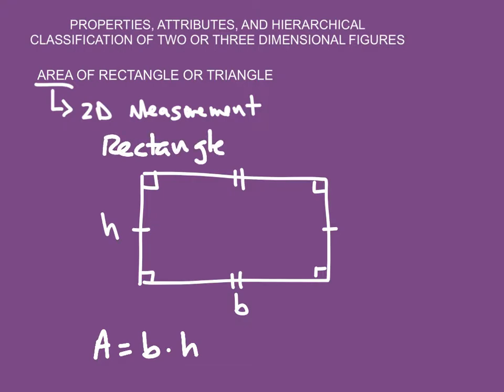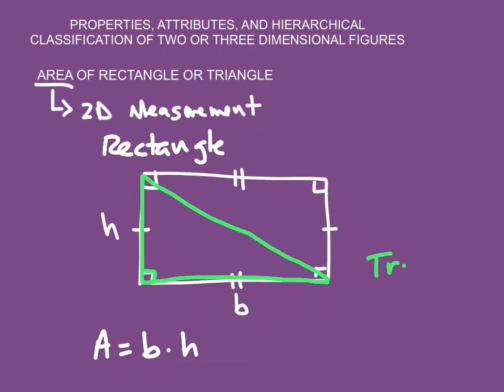Now if I wanted to come in here and cut this in half, then I use my formula for the area. I would just divide that in half. So in this, I have a triangle.